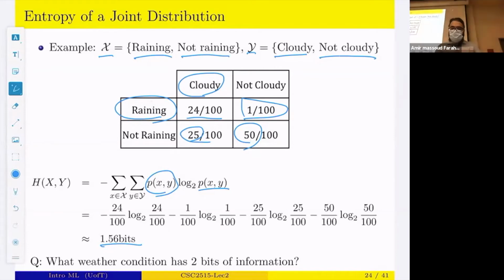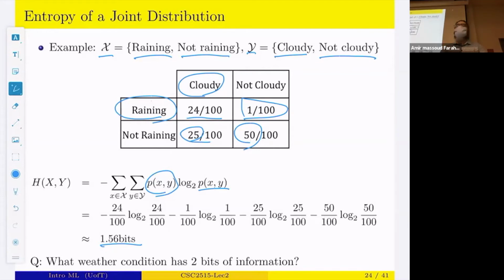Okay, so in what situation would we get 2 bits of information here? 0.25, yes, I think that would be the case.